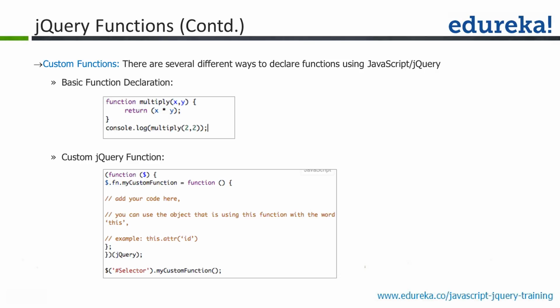To define a custom function, this is the way we would do it, where we would call $.fn.myCustomFunction and then define a function which would do something. And then we can do further things to it.